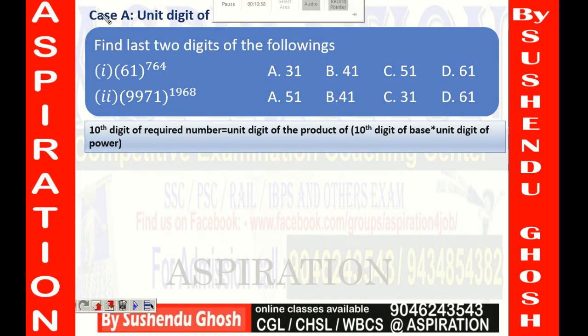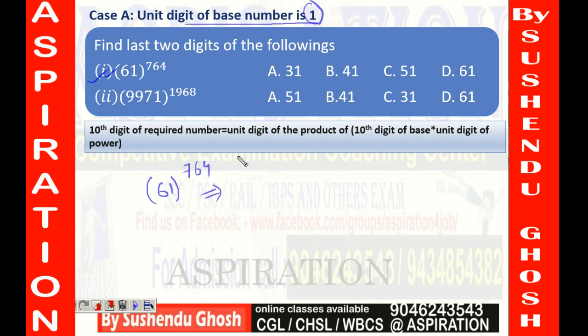Now it comes to case A. Case A means whenever you have 1 in the unit place of the base number. You can see that in the base number, 61 is present. So 61 to the power 764.